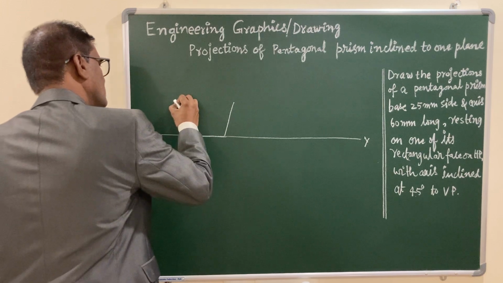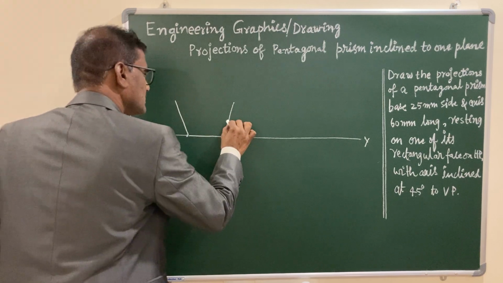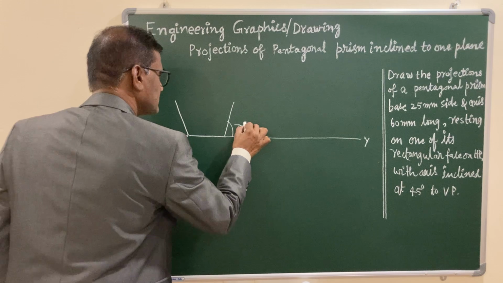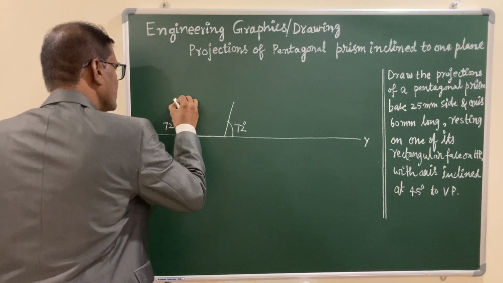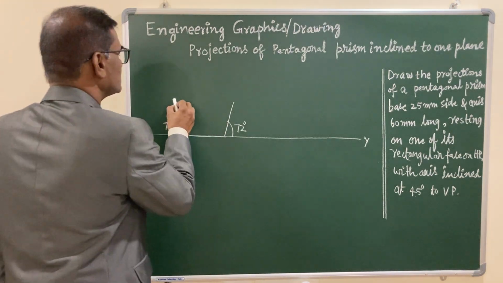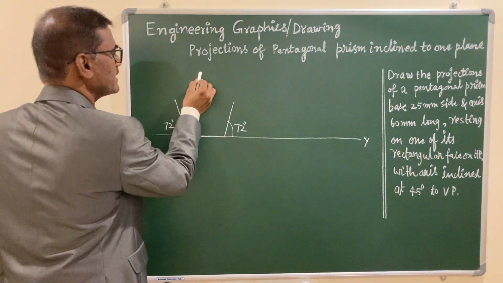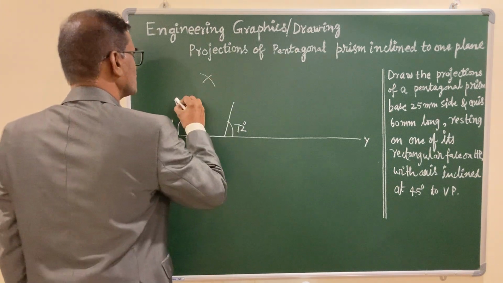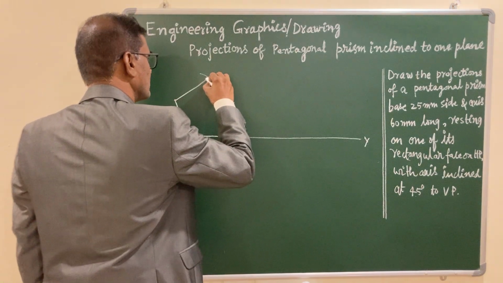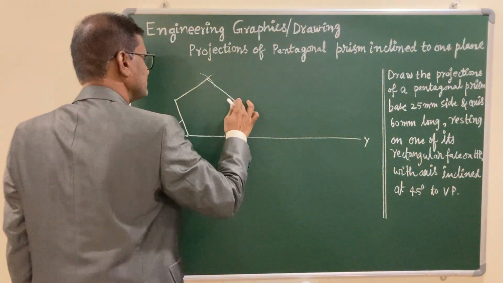The other side also let us measure. This angle is 72 degrees, and measure 25 mm. With this as center and 25 mm as radius, draw a circular arc with the previous end and cut it, so that you get the pentagon.